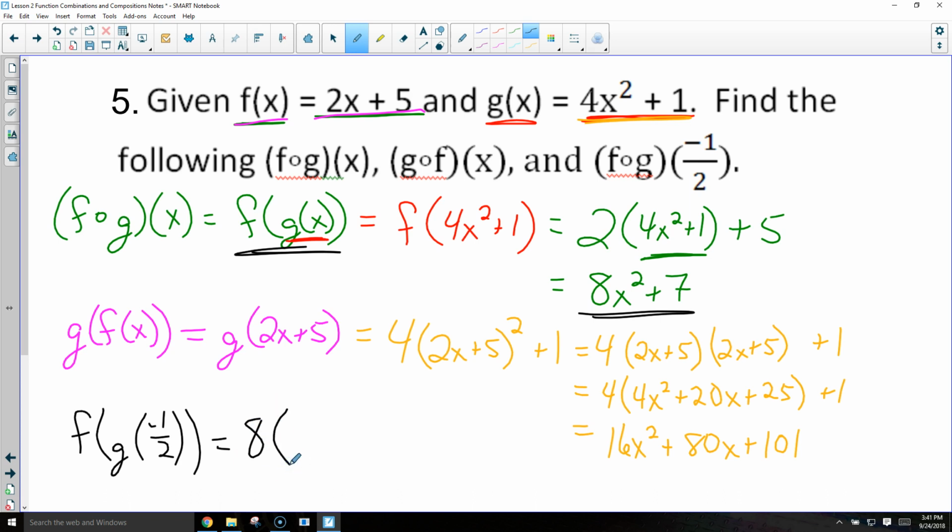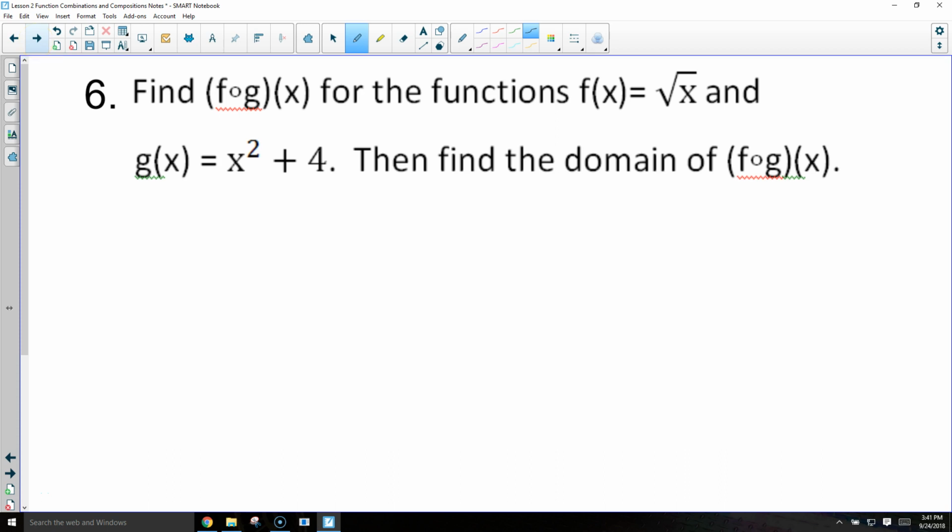So I'll take 8 times negative 1/2 squared plus 7. Negative 1/2 squared is positive 1/4. 8 times 1/4 is 2, plus 7 is 9. So we just created a shortcut rule for finding f of g of any number. So find f of g of x.